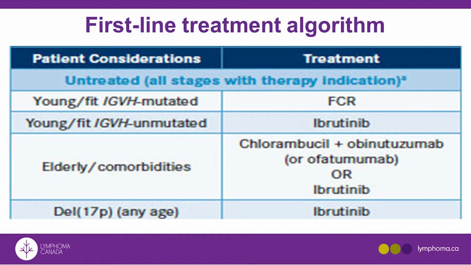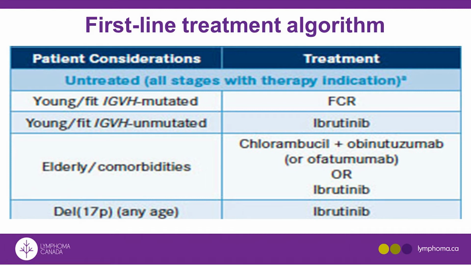On the other hand, if the IGVH status is unmutated, what we've learned is then FCR can't cure, can give good remissions, but for various reasons, we don't think it's worth giving FCR to patients where you don't have a chance of cure or at least prolonged disease-free survival. And so then those patients are given ibrutinib as first-line treatment.